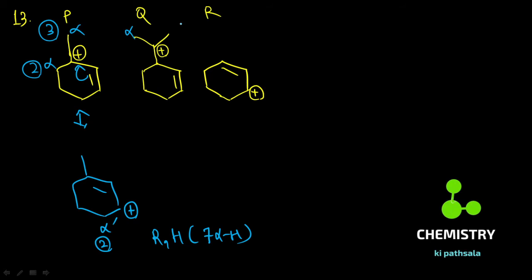In this case alpha hydrogens and alpha hydrogens are there. So there is 3, 3 and 1. Now by resonance the new carbocation formation will give you more number of alpha hydrogens. Cleared?